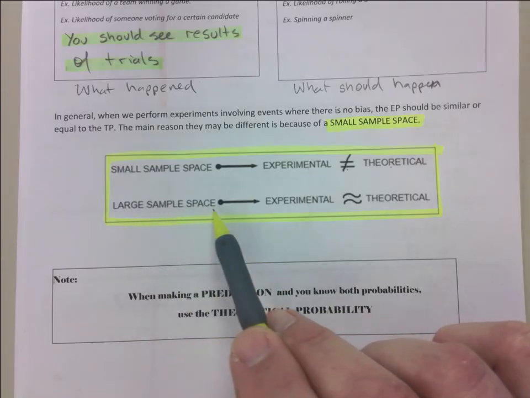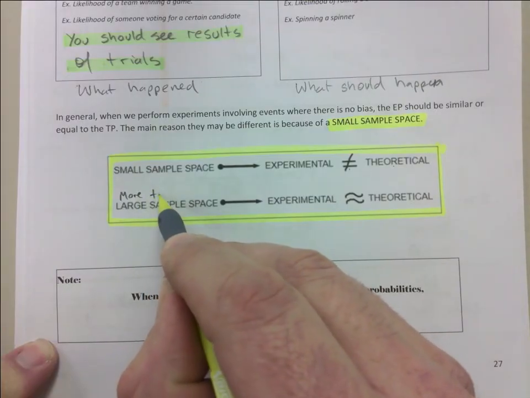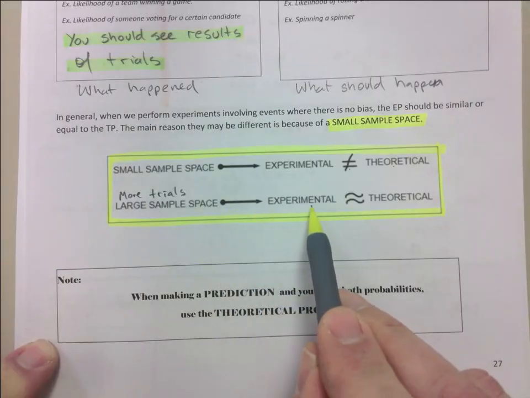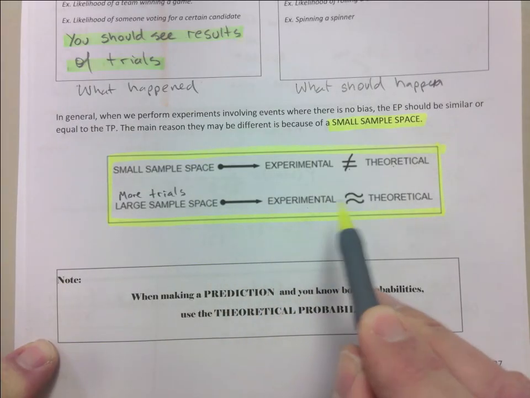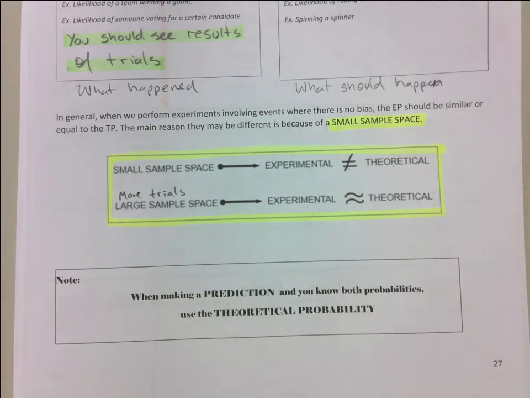But once you do more trials, so let's write down more trials. If you do more trials, you should observe that the experimental probability is approximately the same as theoretical. Okay, they should be very similar to each other.